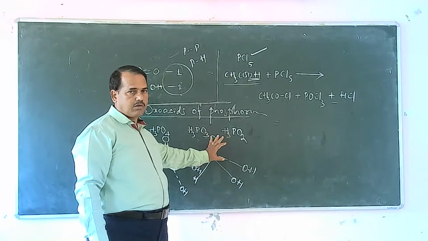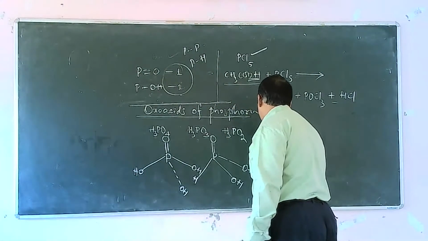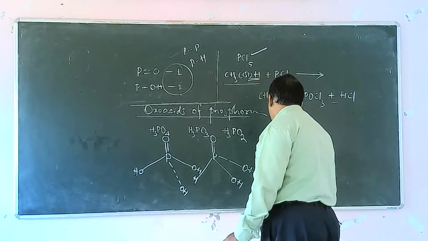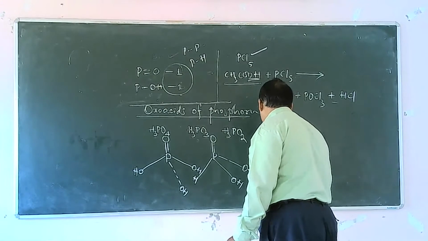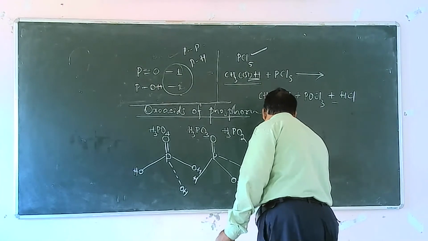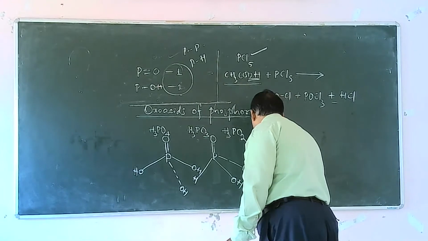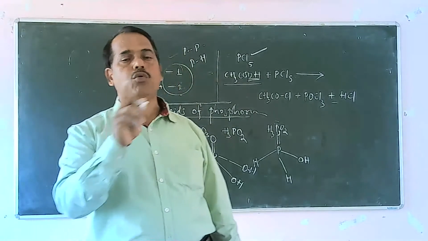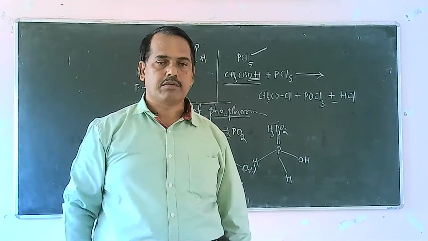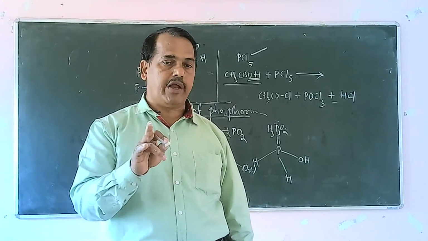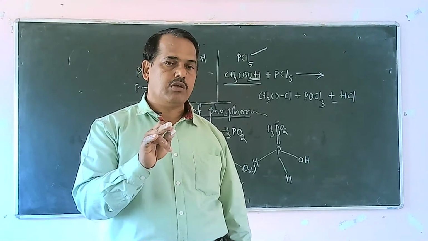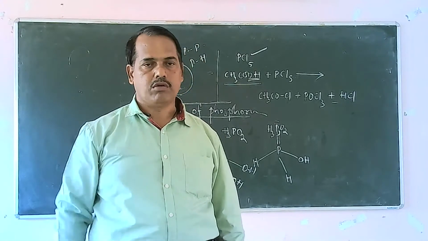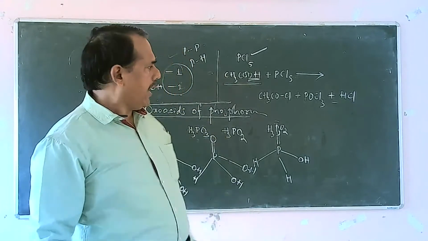You must know how to draw the structure. If you go for H3PO2, hypophosphorus acid, again it has a double bond with oxygen, again tetrahedral nature, only one OH. So remember, in oxoacids of phosphorus, the P-H bond cannot break. Only the hydrogen atom of the P-OH can be released. That point you have to remember.